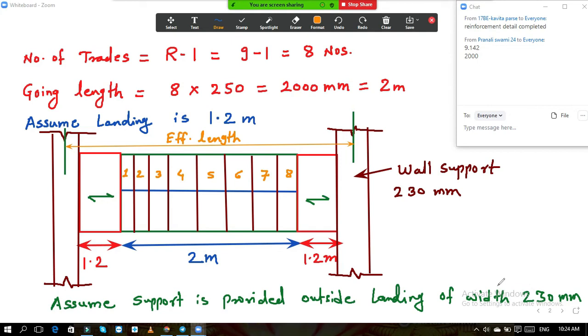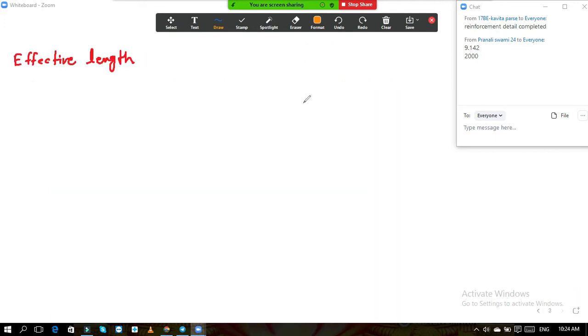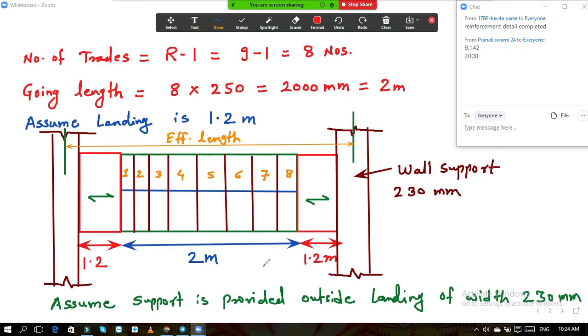Effective length means we called it a span. Now what is the effective length? We will calculate half of the support. Half of the support means this length from this point to this point. What is this? It is 0.23 by 2.